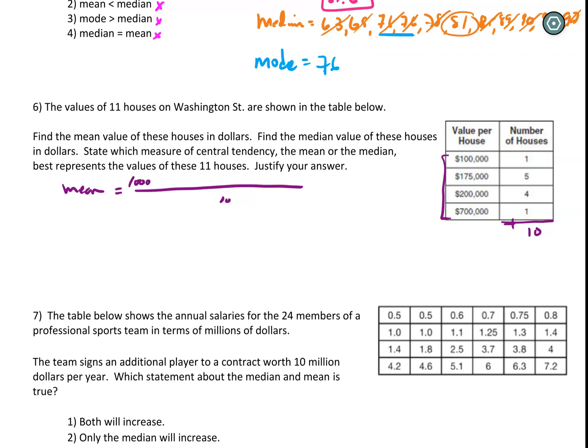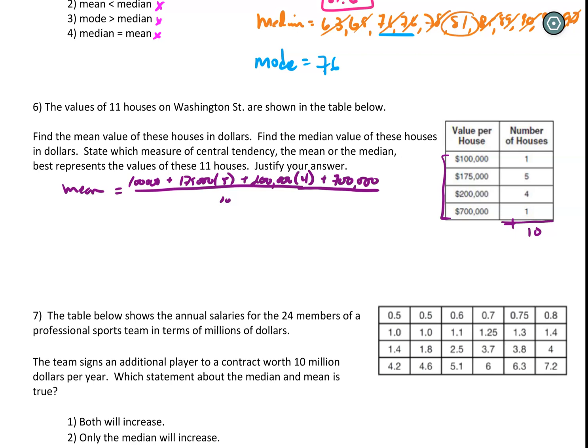We can say 100,000 plus 175,000 multiplied by 5, faster than adding it up 5 times. I've got 200,000, and there's 4 of those, and then one of the houses at 700,000. So you just gotta be careful when there's a frequency of the data. We gotta make sure we include all of those.